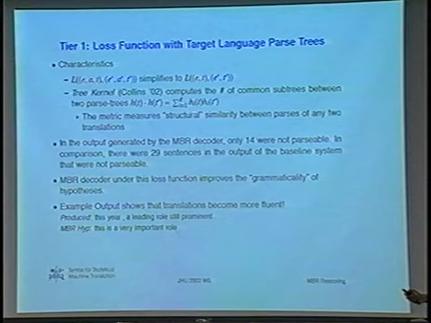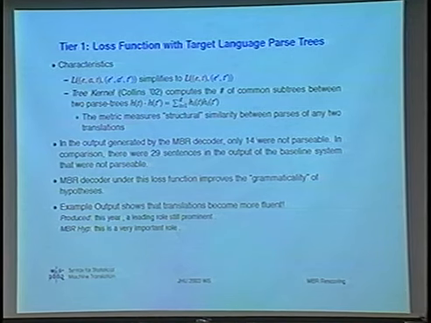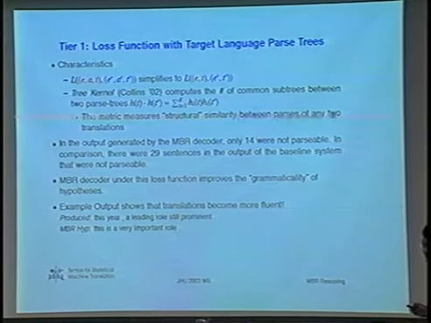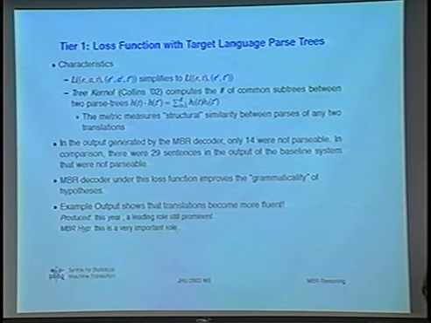So these are T and T prime, and this is a dot product in a space that could be of very large dimension. But the nice thing about it is that this computation is practical, and in fact it is efficient via the recursion that Collins presented. So this metric, loosely speaking, measures the structural similarity of the parses of two translations, once again ignoring totally the alignment information given by the MT.